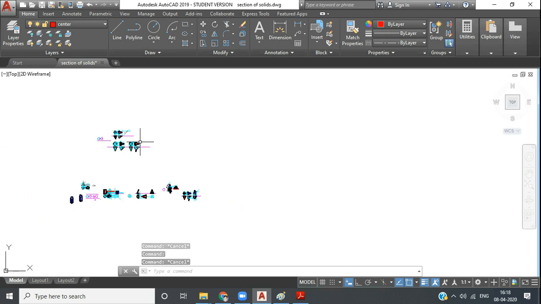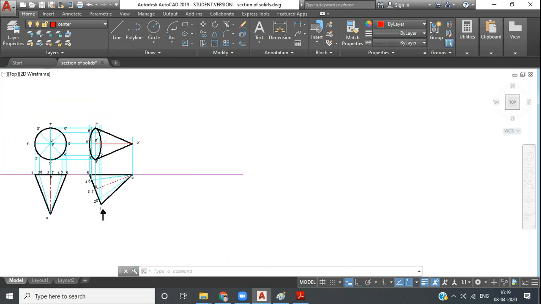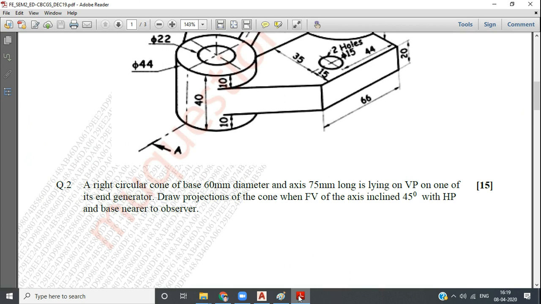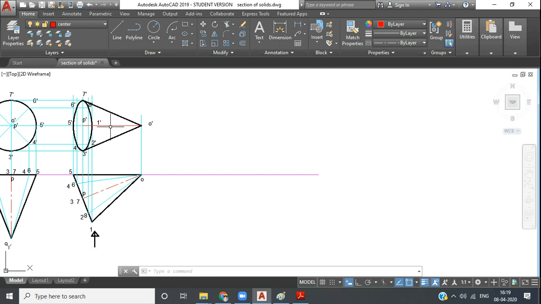Now for this question, for the third stage, they have said the front view of the axis is inclined 45 degrees with HP. They have clearly said front view of the axis is inclined, and I am getting the front view of the axis here, so I will directly make it inclined 45 degrees with HP.